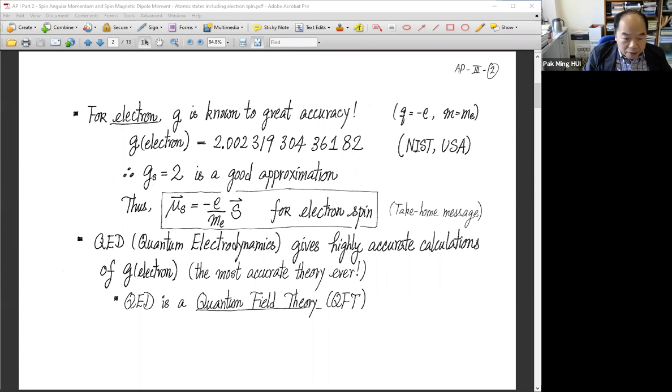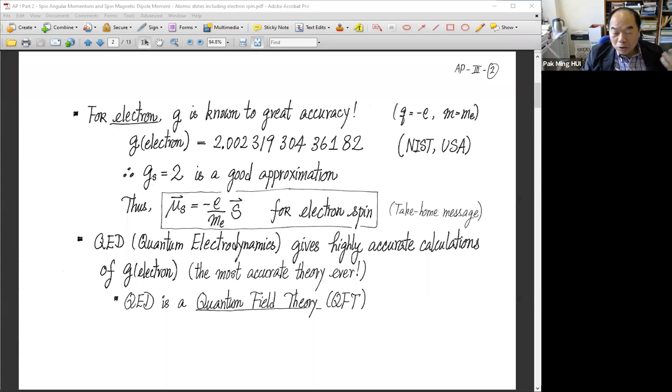And Dirac, immediately after 1926 when Schrödinger published his papers, thought there must be a way that he can make quantum mechanics in line with special relativity. So he tried and tried, and then he found an equation called the Dirac equation that works for the electron.